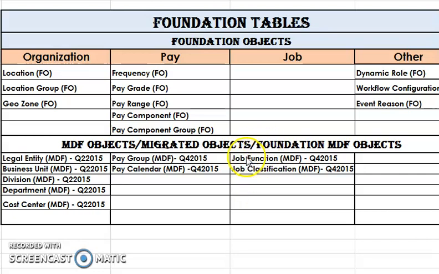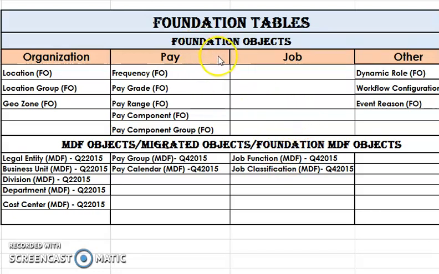We shall see what the foundation objects, MDF objects and employee data are. Employee data is divided into two: person objects and employment objects. We shall see them in detail also.